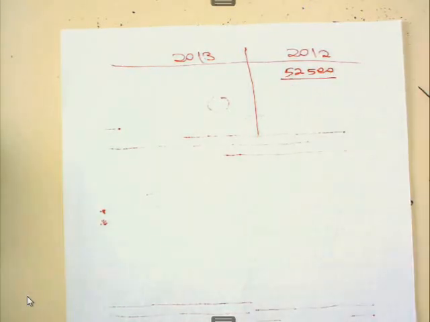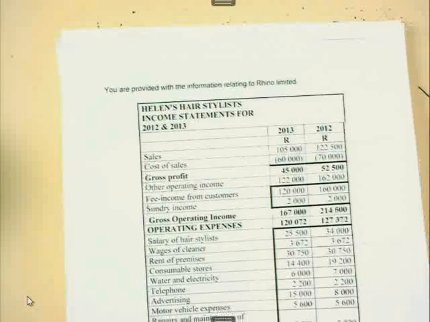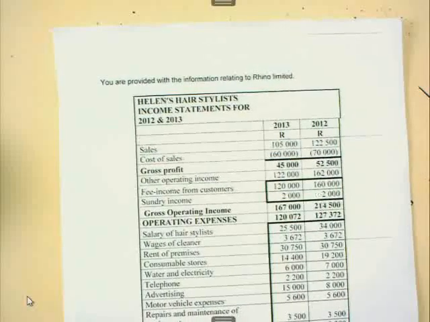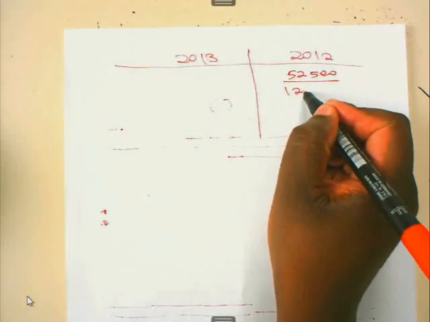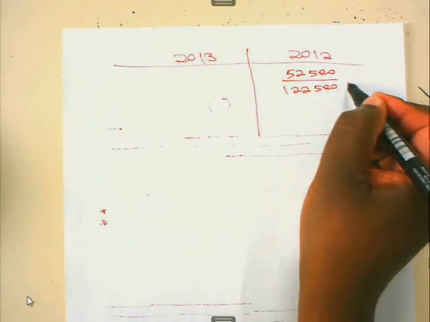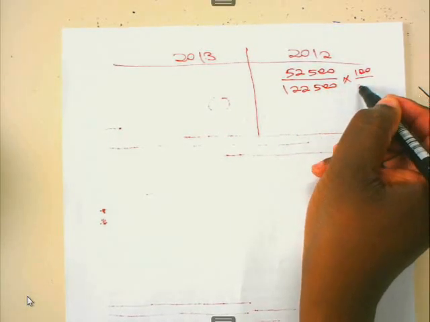52,500 over sales. How much were our sales for 2012? Our sales were calculated to be 122,500. You multiply that by 100 over 1.